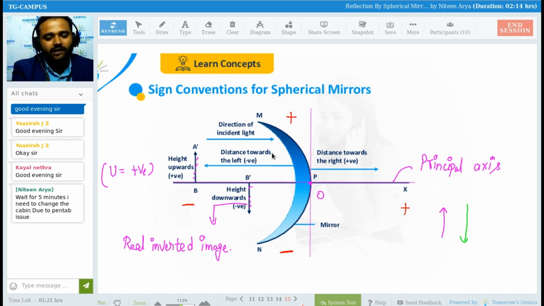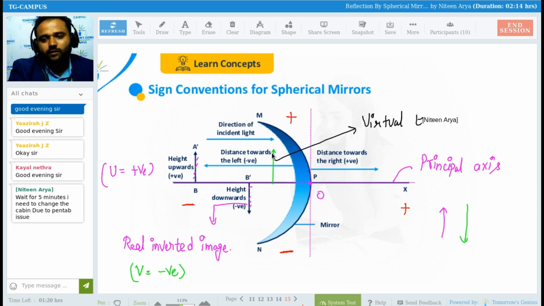So that is why for a real inverted image, the height is going to be negative, whereas for a virtual erect image, suppose this is your virtual erect image in this way. This one is going to be a virtual erect image.